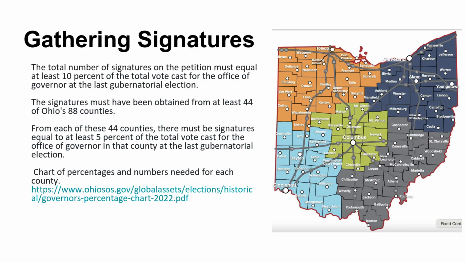There is a link there if you would like to look at that chart and see where you stand for your county. If that link doesn't work, shoot me a message and I will send it to you. I'm probably also going to upload it in the comments. So remember, 5% for your county, but the whole state needs a total of 10%.